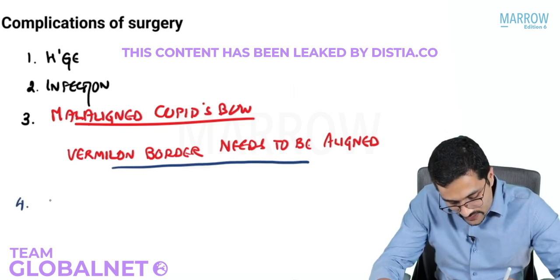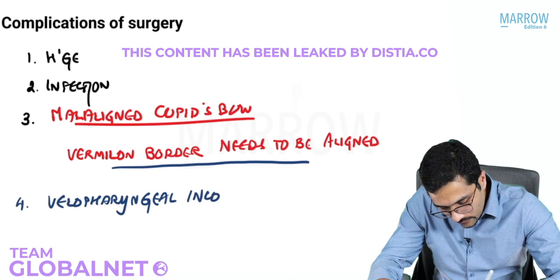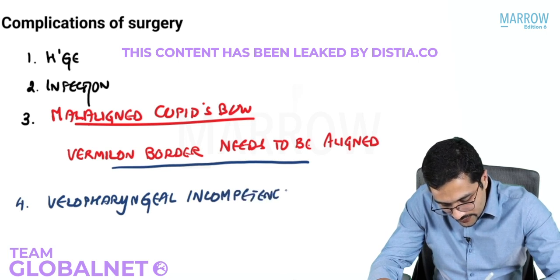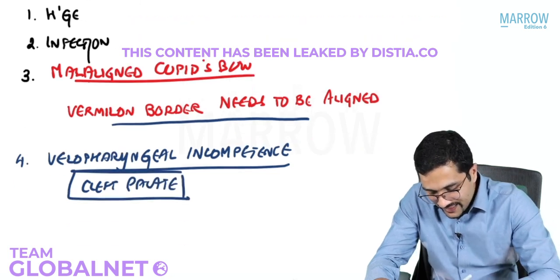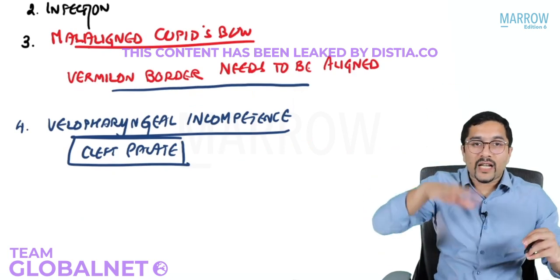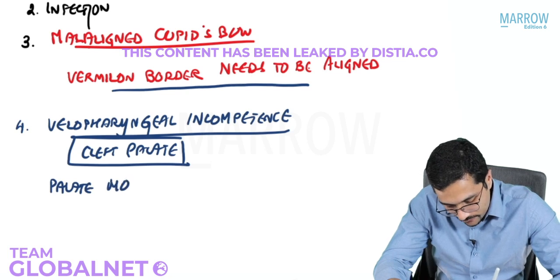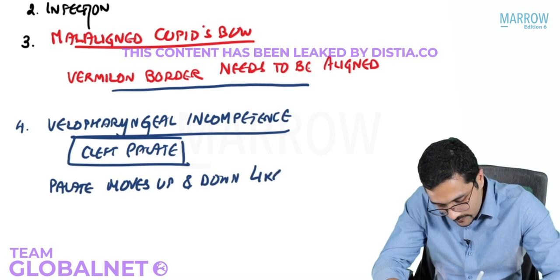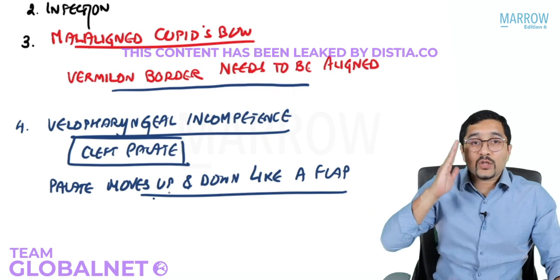And the fourth one which has been asked in the exam is velopharyngeal incompetence. Velopharyngeal incompetence is seen in cleft palate repair, and here the palate moves up and down like a flap, and this gives rise to speech abnormalities.